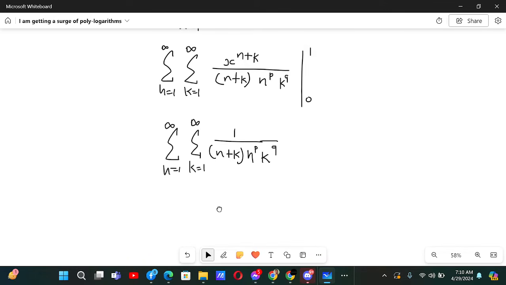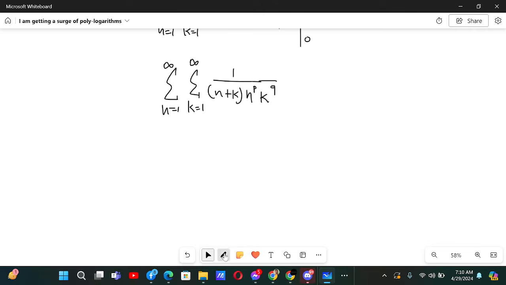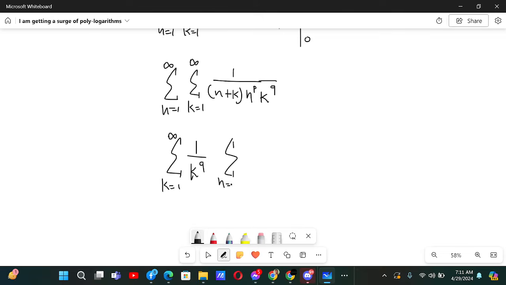So now let's make a change. Let's swap the sums. First of all, let's write the sum from k equals 1 to infinity, and then 1 by k to the power q, because this will be constant for the sum over n. And then the sum from n equals 1 to infinity, 1 by n to the power p, n plus k.